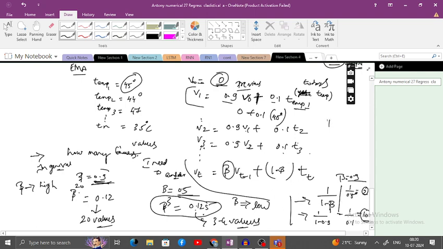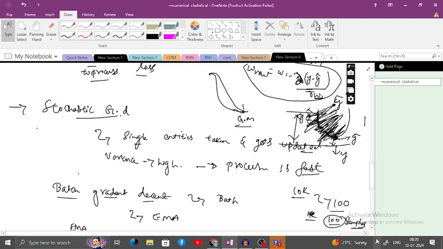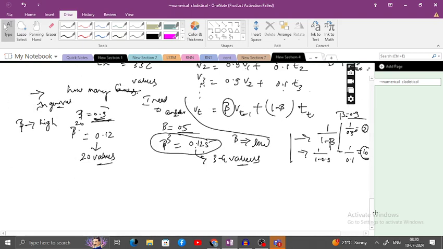When beta values are high, the number of values to consider will be high. Here I gave beta as 0.9, and the answer I got is 10 values.